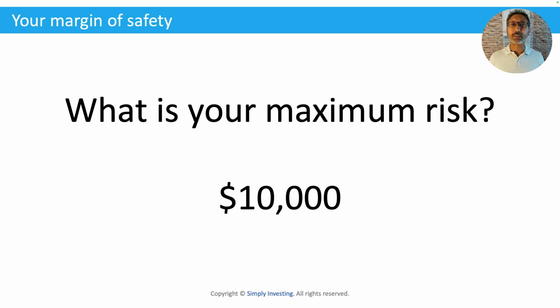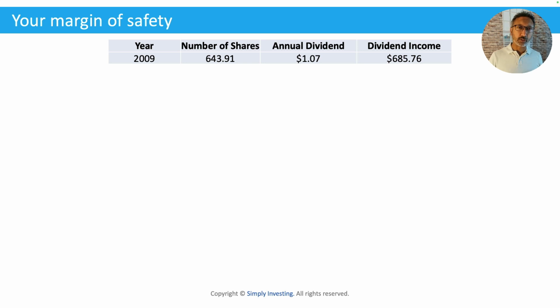Now let's see what that looks like. In 2009, and you can see it up on the screen here, the company, PPG, was paying an annual dividend of $1.07. Remember, we said you invested $10,000 back in 2009. With $10,000, you'd be able to buy a little over 643 shares in the company.